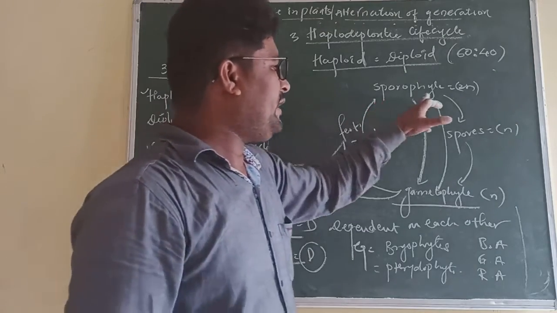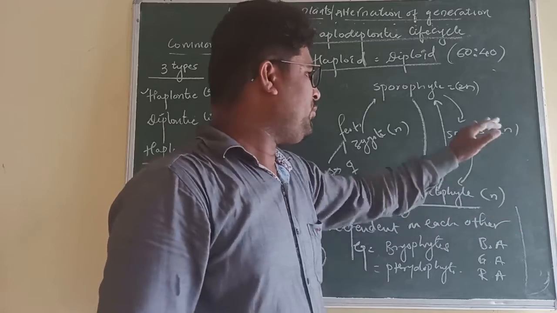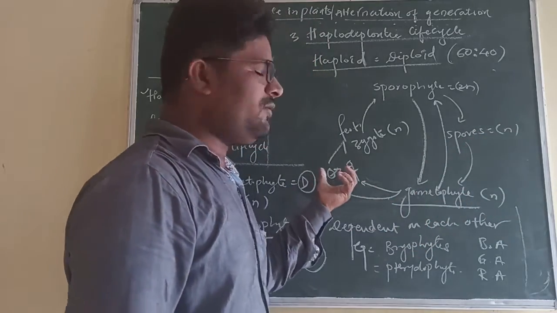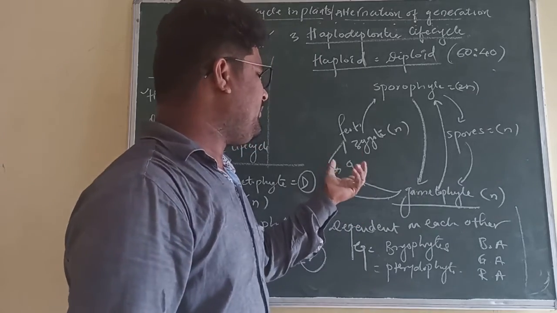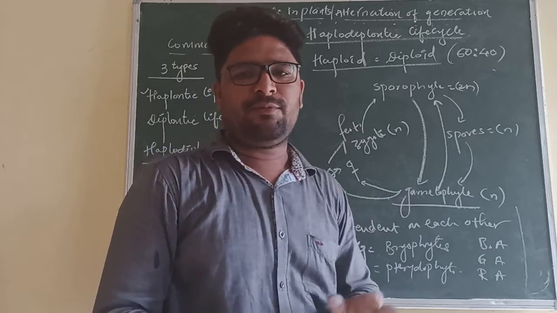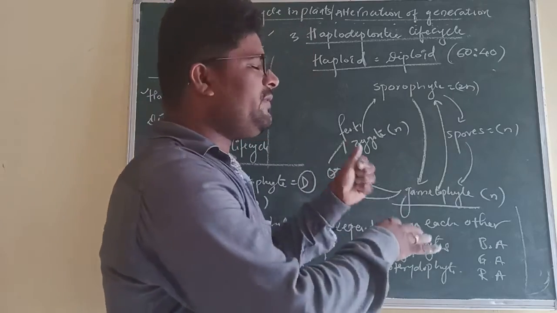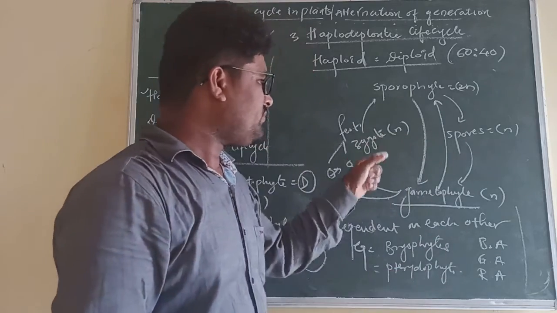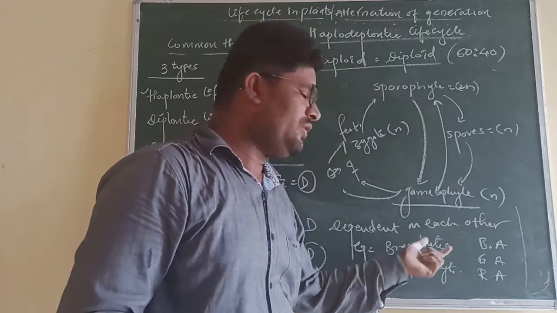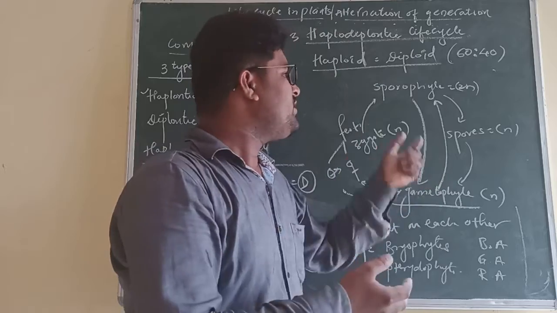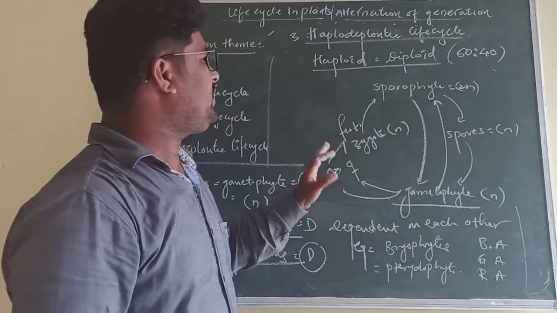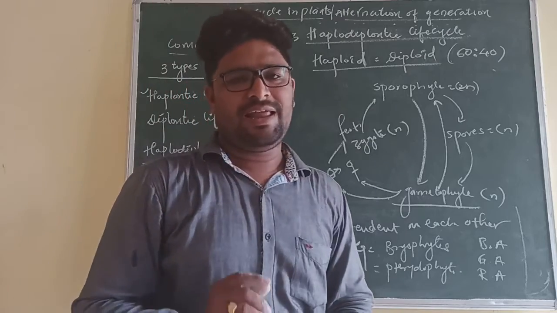So the sporophyte is diploid, it will form spores, spores will form gametophyte, the gametophyte will form male and female gametes. After fertilization they will form zygote, and again there will be the formation of sporophyte. So this will always go on continuing in a cyclic way, from sporophyte to gametophyte, from gametophyte again to sporophyte. So this is the alternation of generation in case of this haplodiplontic life cycle.